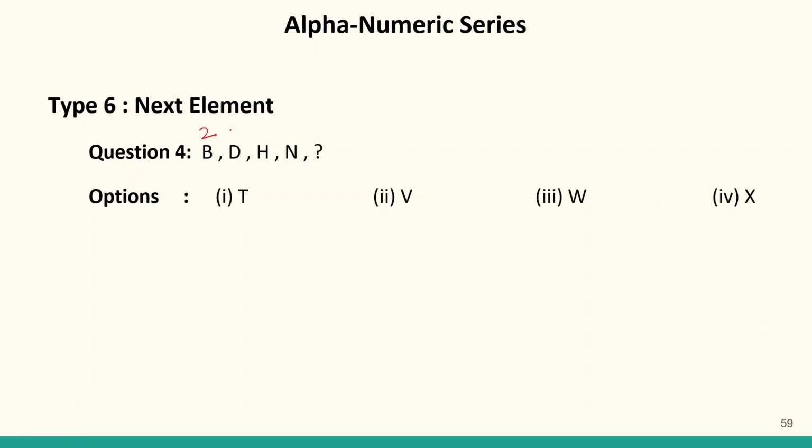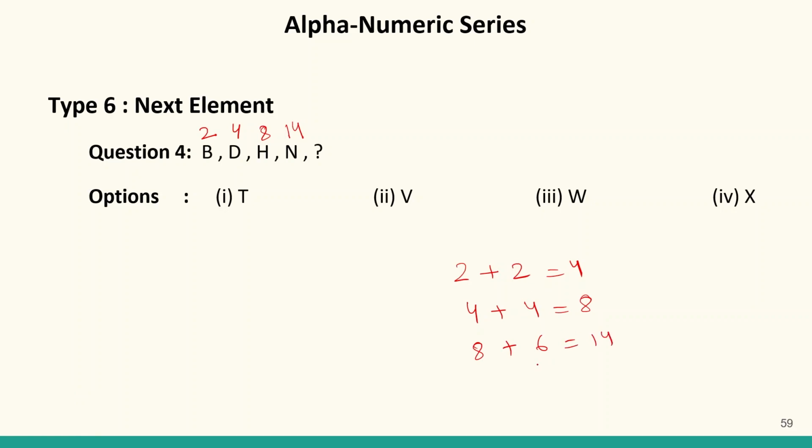Next, this one. B is positioned at 2, D is positioned at 4, H is positioned at 8, N is positioned at 14. Okay. So if I have to find out the logic, I can say that this is increasing by 2. 2 plus 2 positions will give us 4. 4 plus 4 positions will give us 8. 8 plus 6 positions will give us 14.